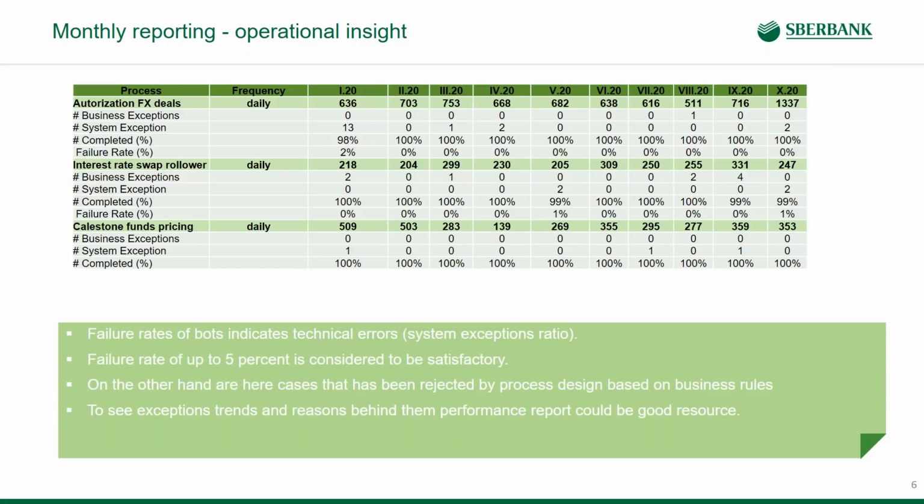The details of them can be found in the performance report, as you saw two slides before. To sum it up, in operational monthly reporting, we see exception trends and the reasons behind them, and the Blue Prism performance report is the source for it.